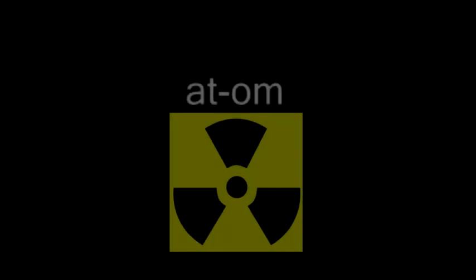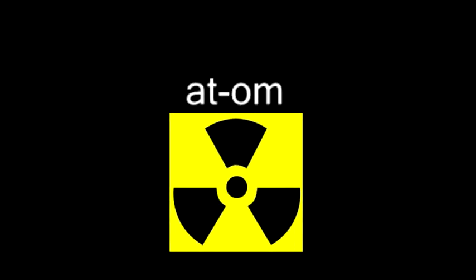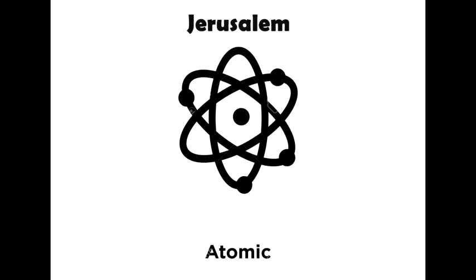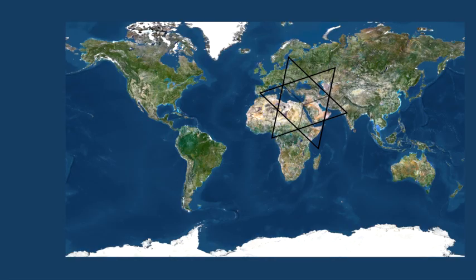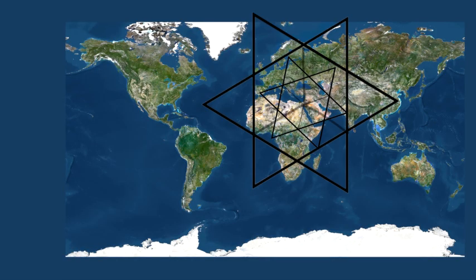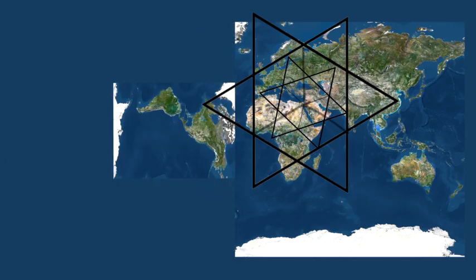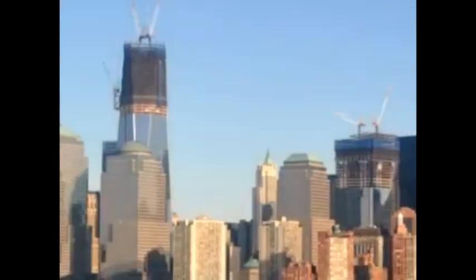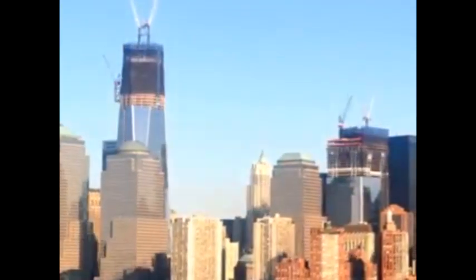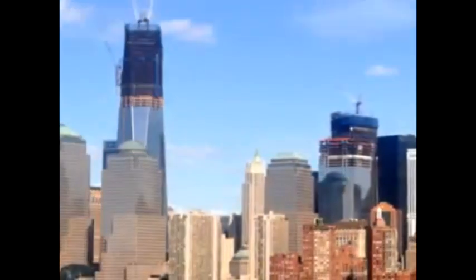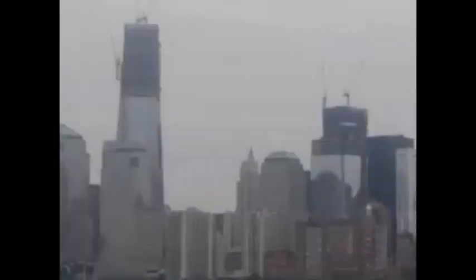Let's move up in history to the atomic age, the At-Om. Let me show again the electric pattern that was created with the Solomon stars. I showed you in my previous video that New York is the center point of this energetic system.